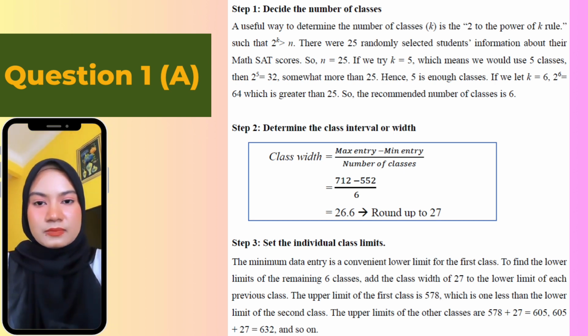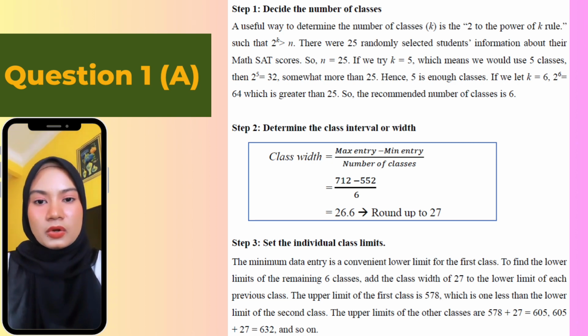Then, step 3 is to set the individual class limits. The minimum data entry is the convenient lower limit for the first class. To find the lower limits of the remaining 6 classes, add the class width of 27 to the lower limit of each previous class.